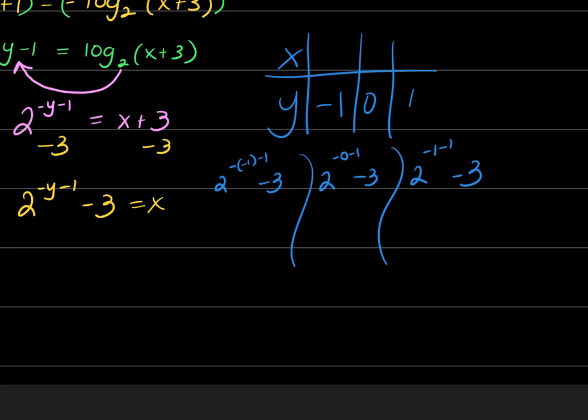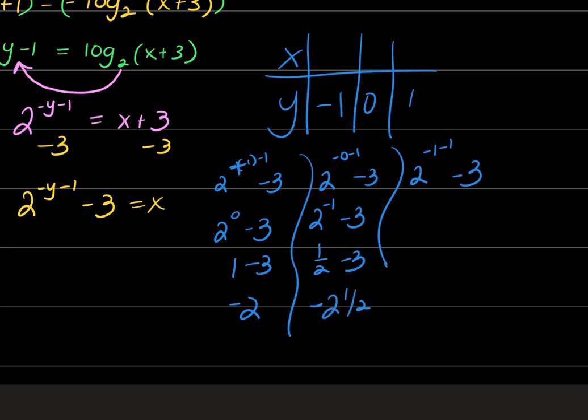So minus a negative makes that positive 1 minus 1. That's 2 to the 0 minus 3, 1 minus 3, negative 2. 2 to the negative 0 minus 1 is 2 to the negative 1 minus 3, 1/2 minus 3, which is negative 2 and 1/2. And then 2 to the negative 2 minus 3 is 1/4 minus 3, which is negative 2 and 3/4.